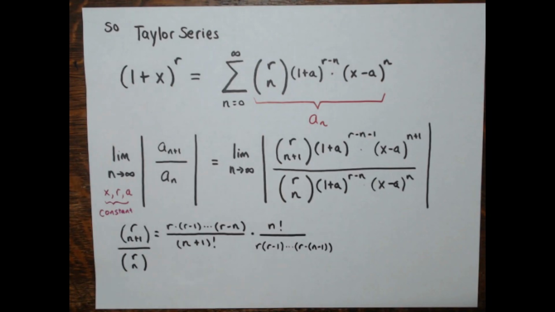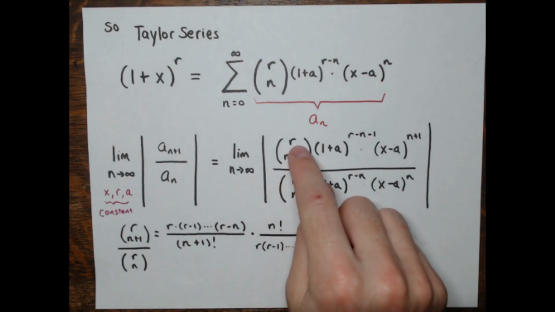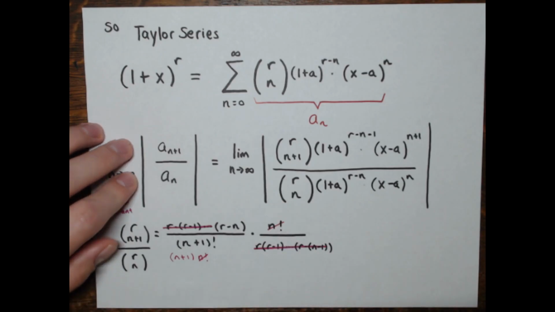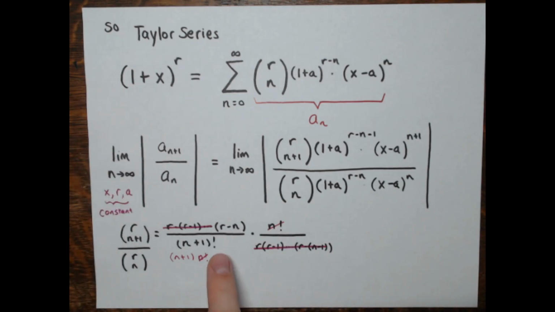So what you're seeing in this r choose n plus 1 divided by r choose n, every factor up here except for r minus n would get canceled away, right? Because r minus the quantity n minus 1 would be right before this, and then n plus 1 factorial is n plus 1 times n factorial, so the n factorials cancel. So I'd be left with r minus n over n plus 1.